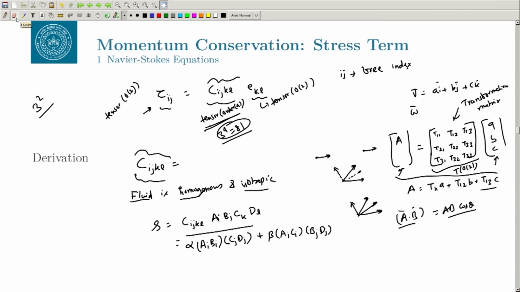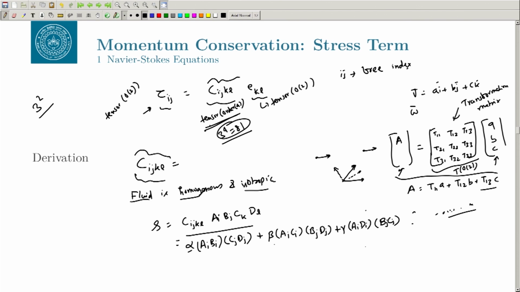And similarly, you can take the third combination, that will be your gamma: now we have taken a_i, d_i and then b_j and c_j. Okay. So, now we have reduced our 81 unknowns to basically 3 unknowns, and of course, we have to fix this vector quantity, that is a_i b_j, whatever vectors that we have.